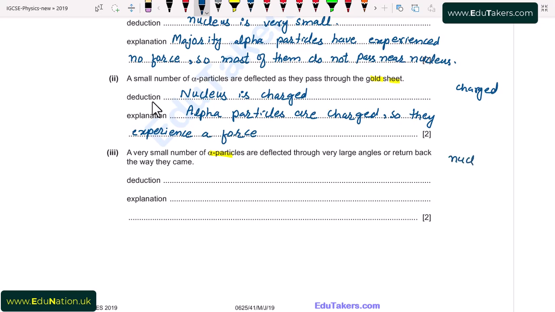So I write here the mass of the nucleus is very large as compared to the alpha particle. That's why these are deflected at larger angles or come back. So I write here nucleus is more massive than alpha particles.